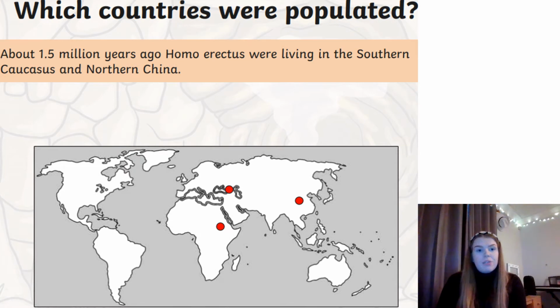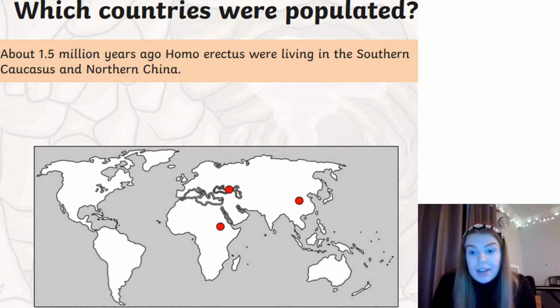So a bit later on, about 1.5 million years ago, Homo erectus, which basically means not the oldest people but the next group of people, were living in southern Caucasus and northern China. So if you look on the map again, we've got the Africa mark where we first saw it, and then we've got 2 more now. So we know that the next lot of people were living there.